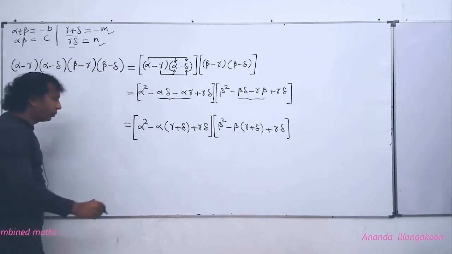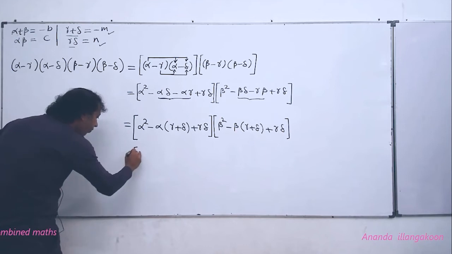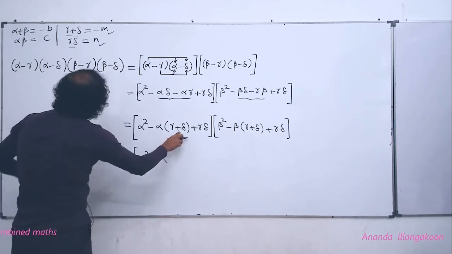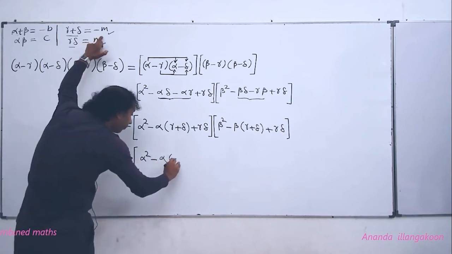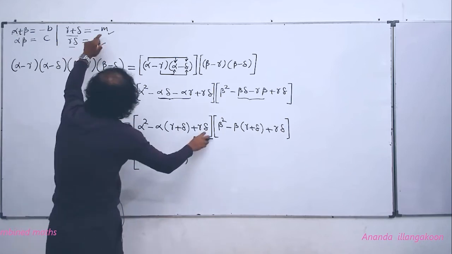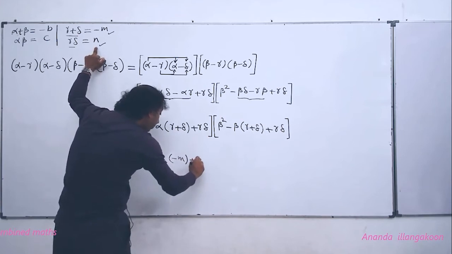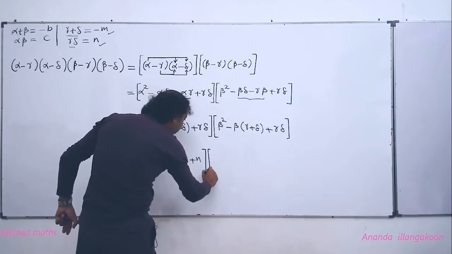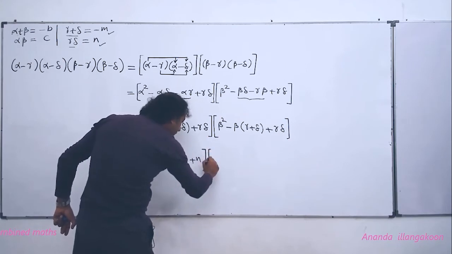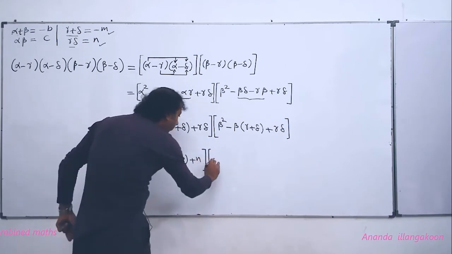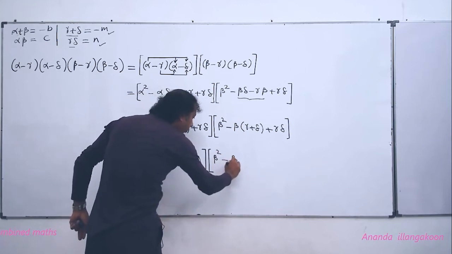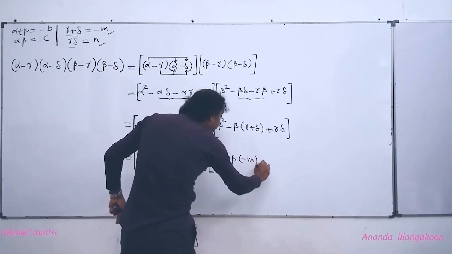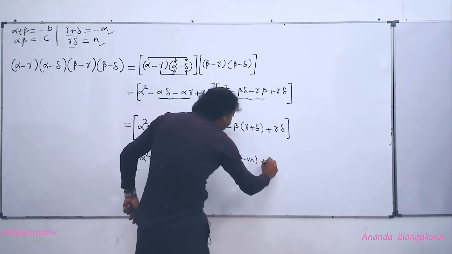Then we can substitute. Alpha squared minus alpha times gamma plus delta. It's minus m, people. Gamma delta, it's n. Beta squared minus beta, gamma plus delta, it's minus m. Plus gamma delta, people, n.